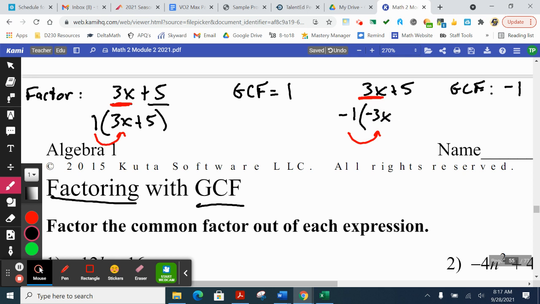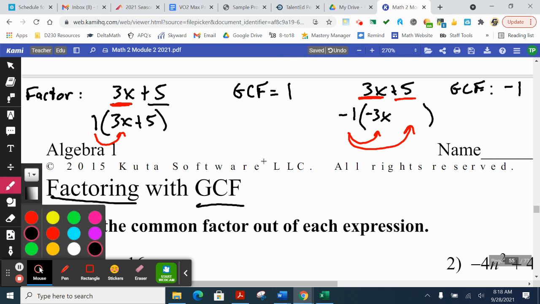Couldn't we write that as a negative 3x? So if I pull a negative 1 out, that would change that 3 to a negative 3. Same with our 5. If I want this to ultimately give me a positive 5, what would need to go right here so that if I did a negative 1 multiplied by that, it'll end up giving me a positive 5? All right, good. That would have to be a negative 5.